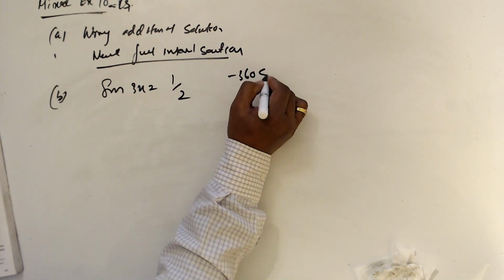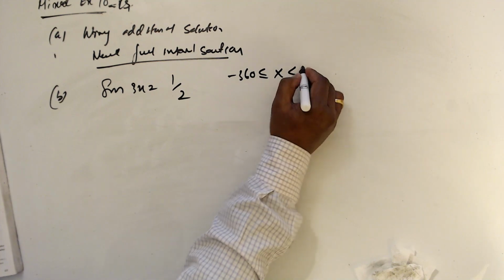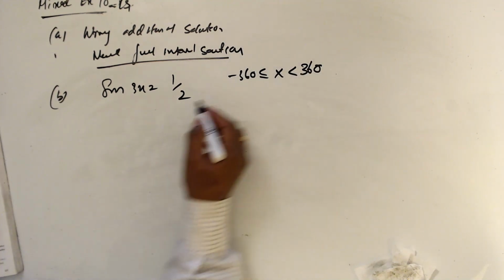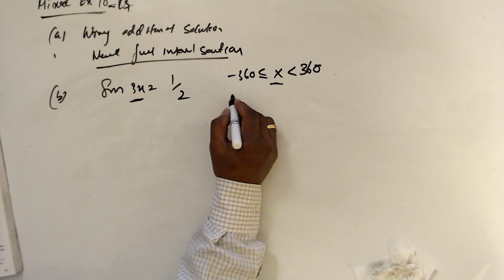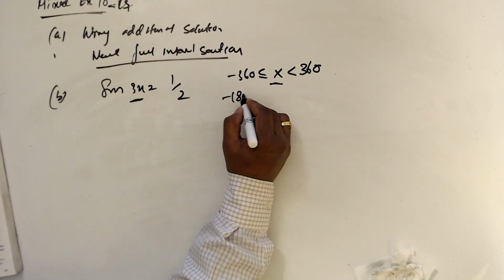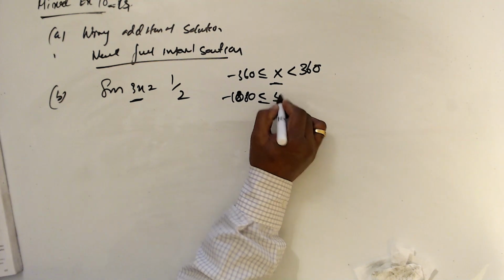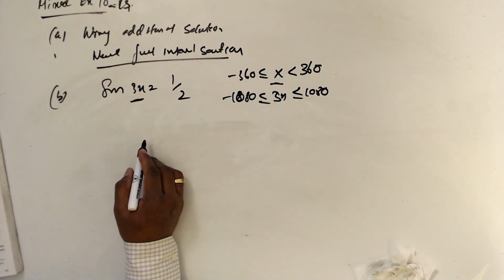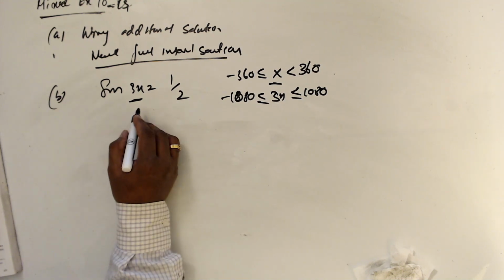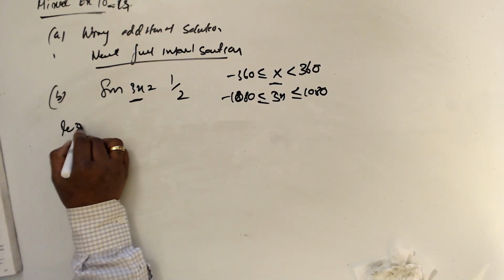Minus 360 less than or equal to x less than or equal to 360. Now this is 3x, so I multiply, so minus 1080 is less than 3x less than 1080. There are going to be a lot of answers. So let 3x equal theta.